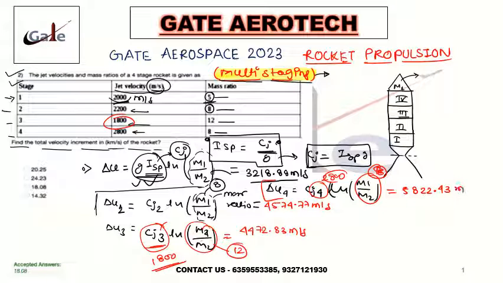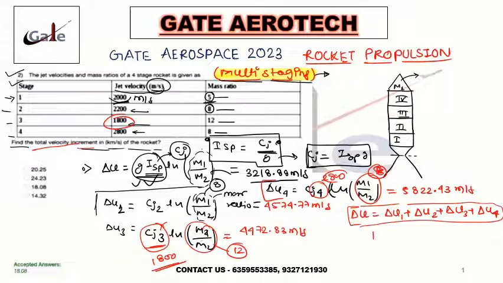5822.43 meter per second. So now they are asking to find the total velocity increment. That means the total velocity will be the change in velocity by the first, second, third, and fourth stage. So substitute all this, add all this, you will get 18088 point something, which is in meter per second.